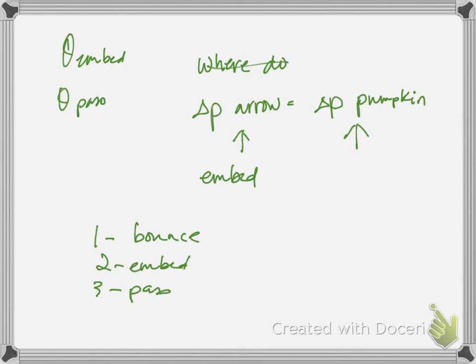So there are 1, 2, 3, 4, 5, 6, 7 points for this paragraph. 1 point for using conservation of momentum. 1 point for saying that the momentum lost by the arrow is gained by the pumpkin. 1 point for explaining why the bounce transfers the most momentum. 1 point for explaining why the pass arrow ends up faster than the embedded arrow. 1 point for saying the arrow that slows down the most transfers the most momentum. 1 point for justifying that the angle is related to the speed. That's your conservation of energy point. And then 1 point for a logical paragraph.